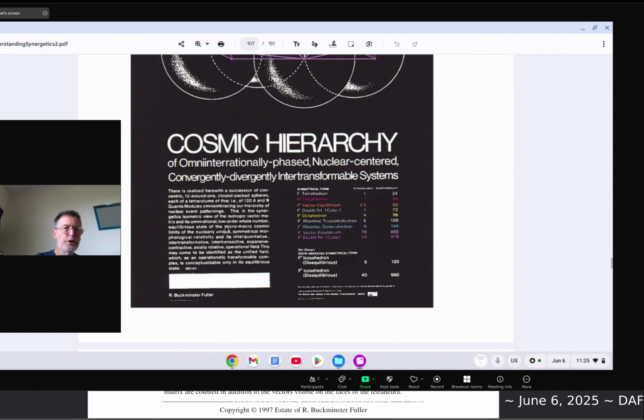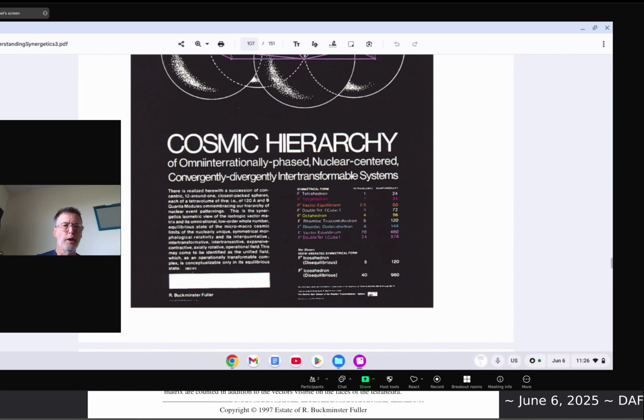This is the Synergetics isometric view of the isotropic vector matrix, and its omni-rational low-order whole number equilibrium state of the micro-macro cosmic limits of the nuclearly unique symmetrical morphological relativity, right? So it morphs into different things.